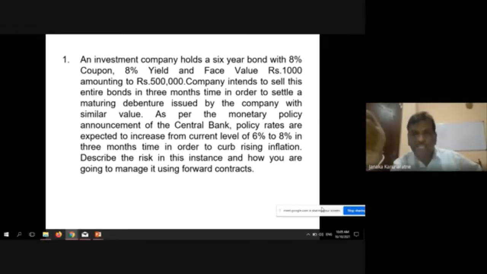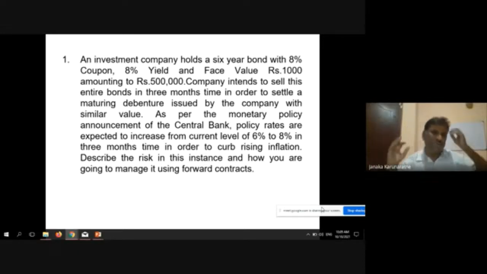If that happens, the value of these bonds will fall. So then what happens? Whatever the market value effect, you have to pay the total liability, isn't it? So the amount available to settle the liability will be less because the value falls. You don't have 500,000; probably you end up with 450,000, which we don't know.